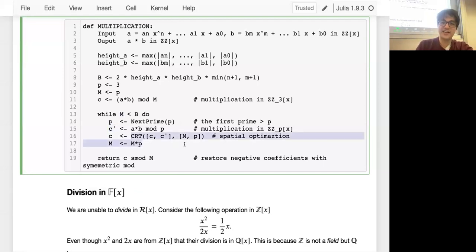Then I call the Chinese remainder theorem on the current product with its current M, and the new product, which is mod P. You get back a C, which is correct over M times P, mod M times P. As soon as that is bigger than B, then you can return, where this is just updating M. Any questions?